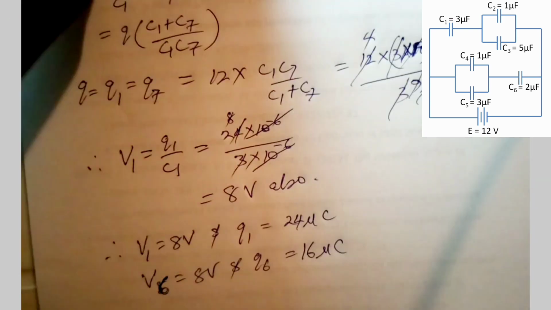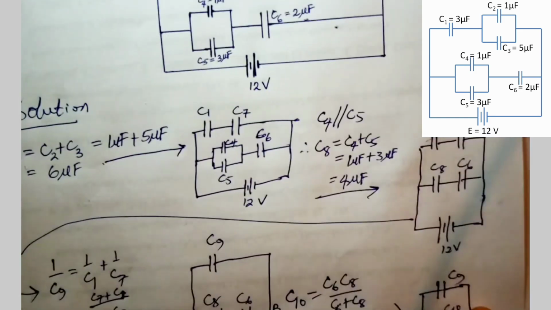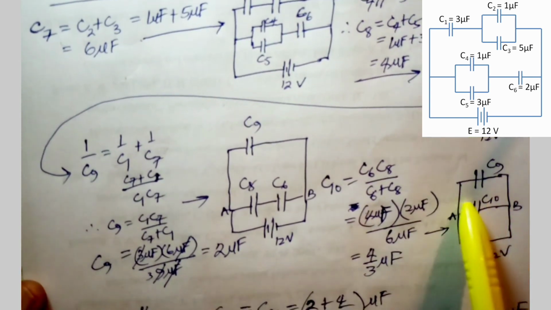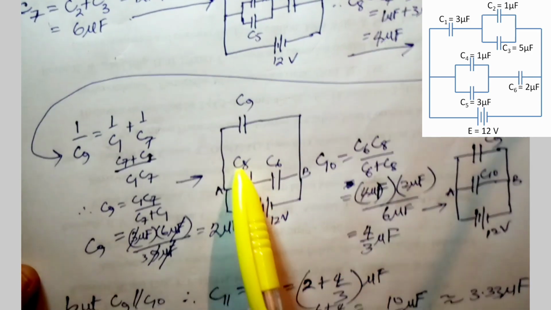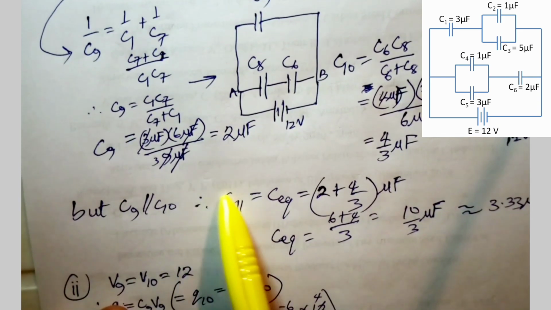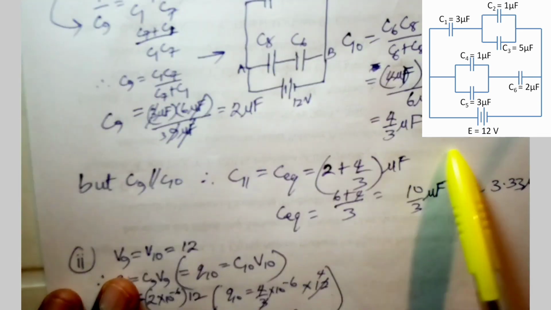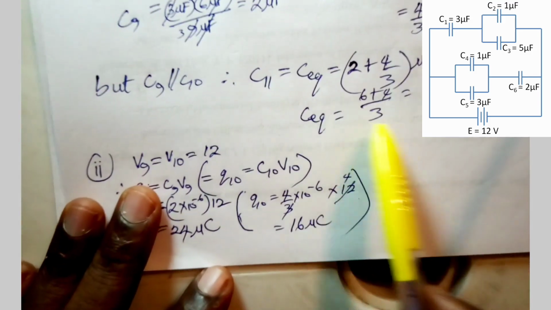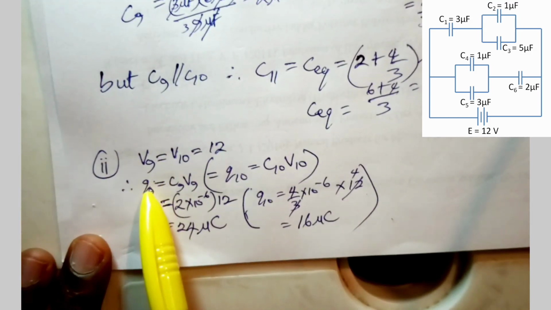So that is how to solve these things. You have to follow it stage wise. You reduce it, you continue reducing it, knowing that when they are connected in parallel you just add, and when they are connected in series you add the reciprocals to give you the reciprocal of the equivalent. You follow that way to get the equivalent capacitance, from where you now walk back.